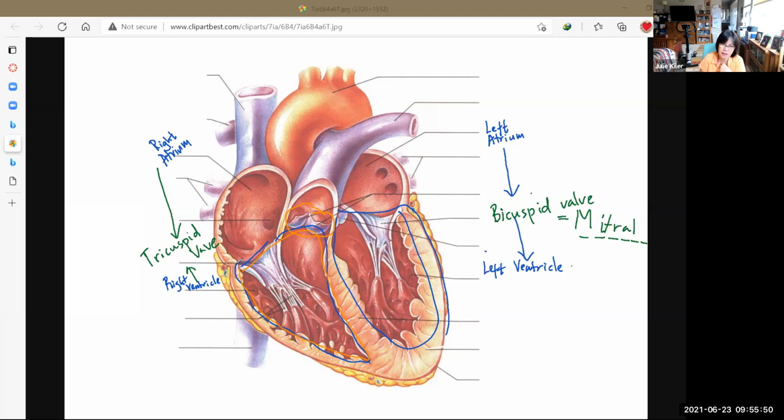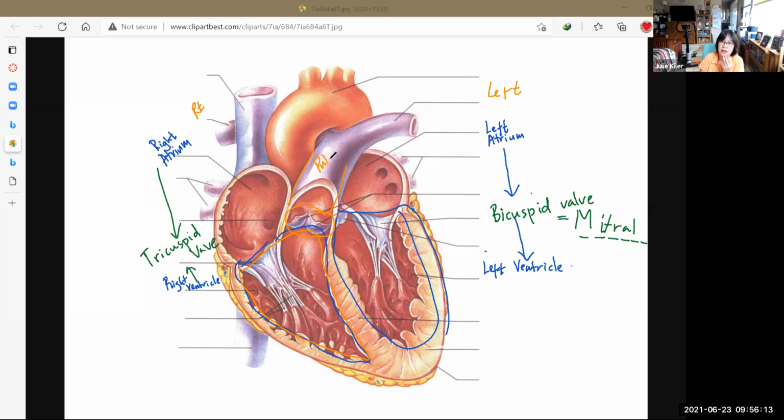Right ventricle. And what is this that goes to the lungs? So this goes to the left, and this goes to the right. So what valve is this called? Yeah, so this is pulmonary.